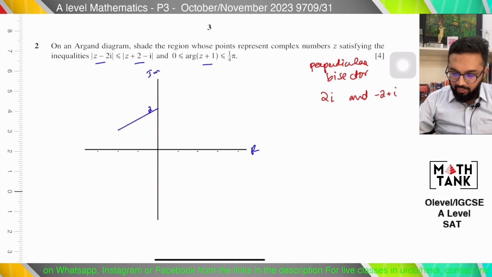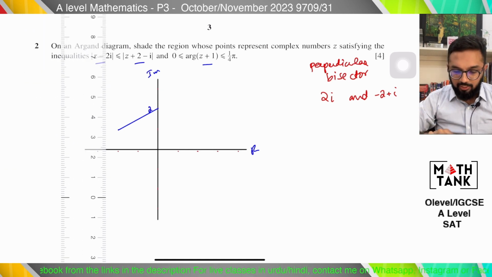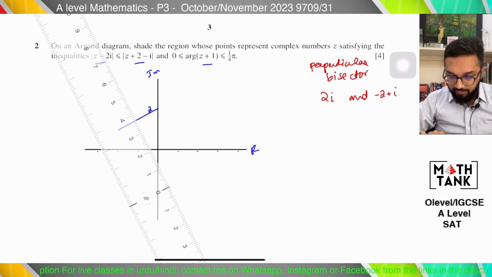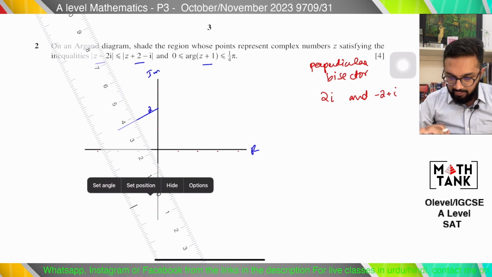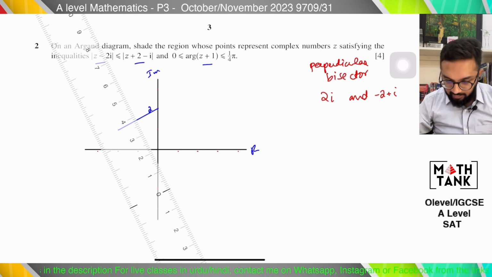Okay. Now, how do I draw the perpendicular bisector on the exam? You'll have to make sure that you draw it with a ruler, with a compass, but right now I don't have that. So I'm going to try to be as accurate as possible, and I will draw it as accurate as possible from here.